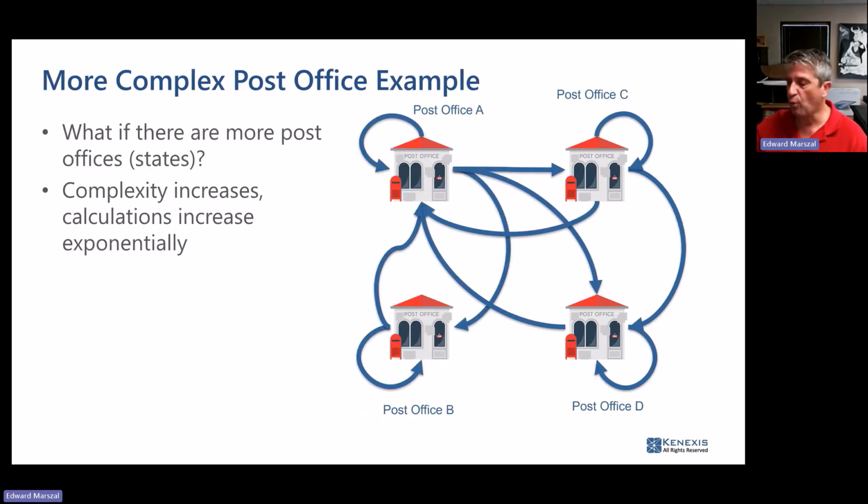But now, in the world, there are more than 2 post offices. So what if instead of just post office A, I have a B, a C, and a D? You can see with all those crazy arrows for transitions on the screen that the math and the logic are going to get really complicated, because you need to think about every post office and every possibility of correctly or inadvertently sending a letter to a different post office.